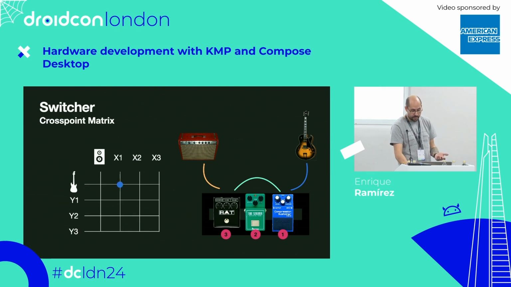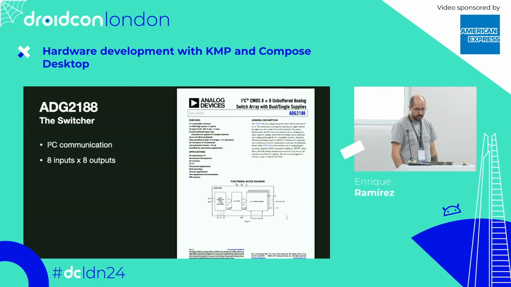This is what the matrix does, just joins inputs and outputs. So the guitar goes to the input of the first pedal, then the output of the first pedal goes to the input of the third pedal, and then the output of that pedal goes all the way to the amplifier.